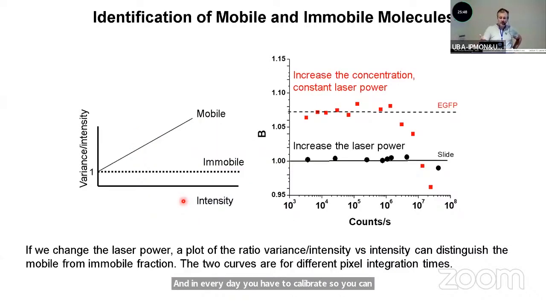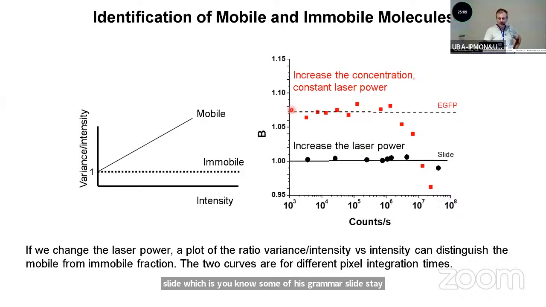And this is how important the mobile to immobile fraction is also. Michelle was explaining what mobile and immobile fraction mean. Immobile fraction is a dye that cannot diffuse. For us, if the dye cannot diffuse, it will not fluctuate. So no matter how many counts you add by increasing the power, and this is logarithmic, so you are going from 1,000 to millions, you see that the power increased, but in black, the slide, which is some chroma slide, stays flat.